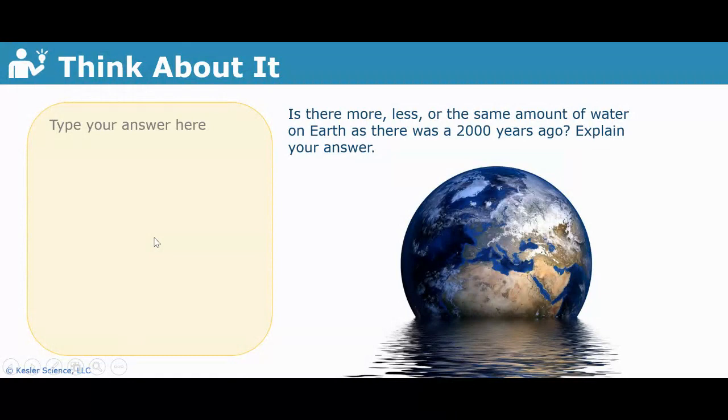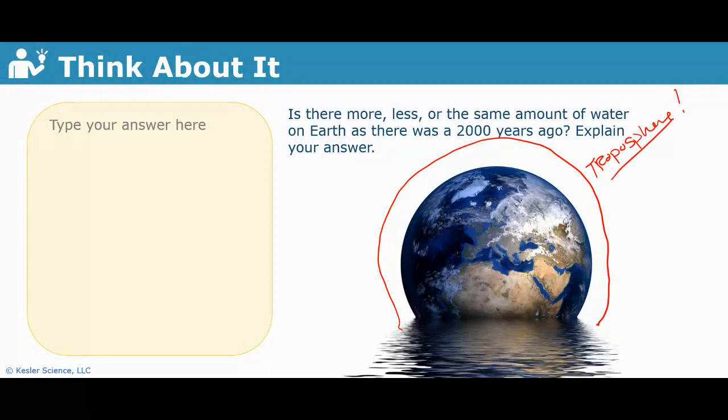Is there more or less or the same amount of water on Earth as there was 2,000 years ago? Explain your answer. Well, remember, we have that thing on the first atmospheric layer known as the troposphere. That's the first layer of the atmosphere. And we have that section that we call the tropopause.